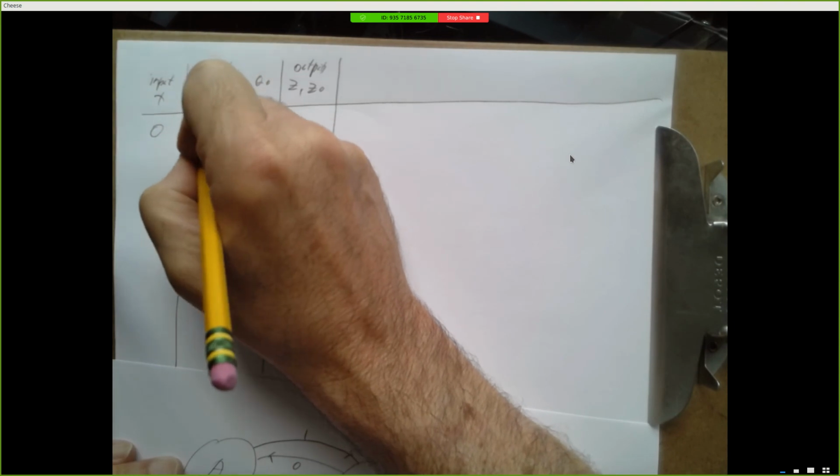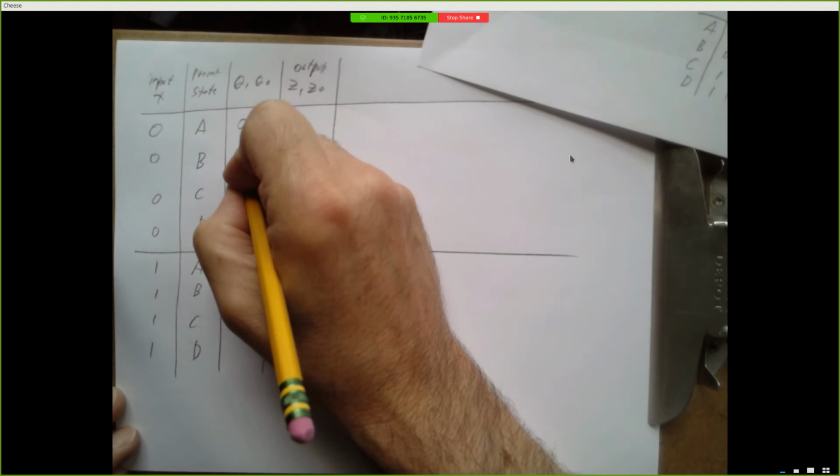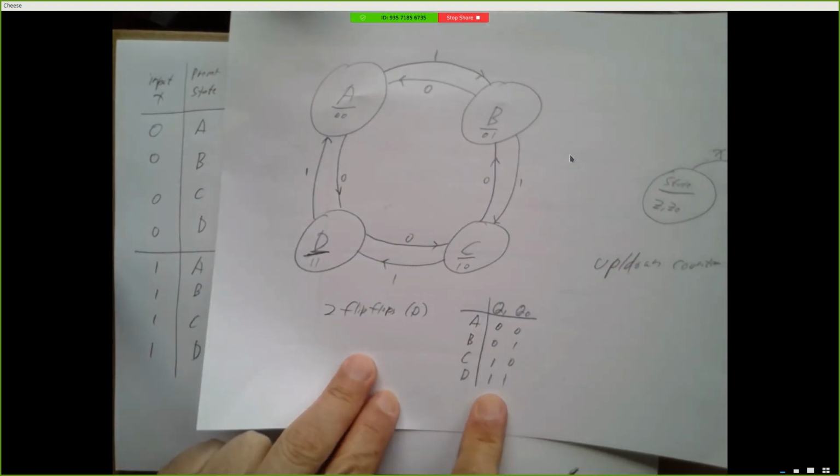So my present state can be A, B, C, or D, with inputs being 0 or inputs being 1. And the order I list these in doesn't really matter. Okay? It's a truth table, so technically you can list the inputs in any combination that you want. But I've done them in kind of the canonical ordering for my input and my cues. Right, so I've just filled in what each of these states A, B, C, D means in terms of flip-flop values.